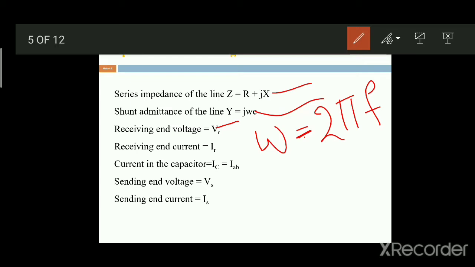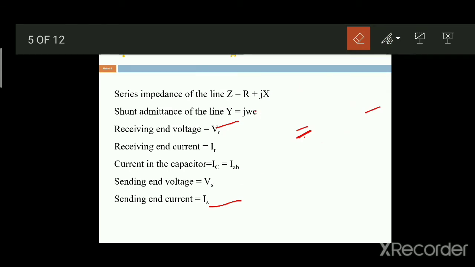Next, IR is the receiving end current. Next, IC is equal to IAB, the current flowing through the capacitance. Next is the sending end voltage VS, and the sending end current IS. These are the various parameters to be considered in the equivalent circuit diagram.